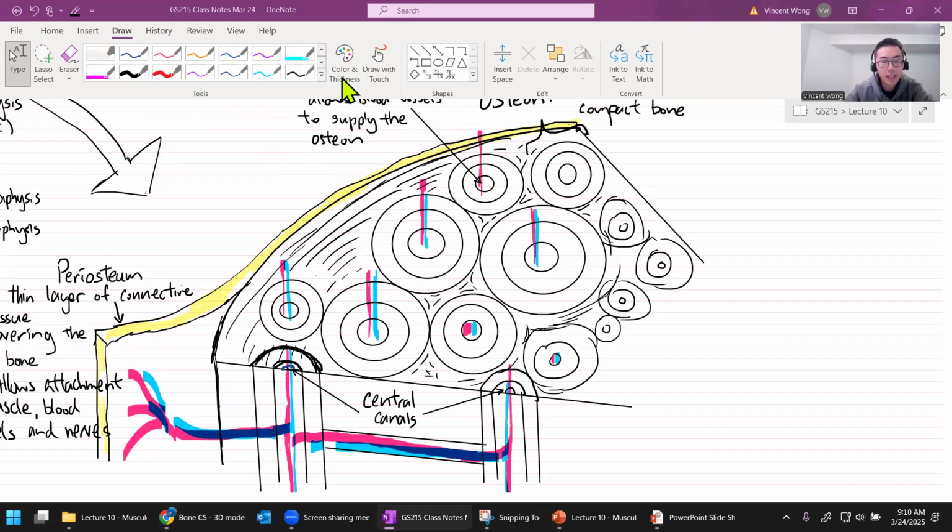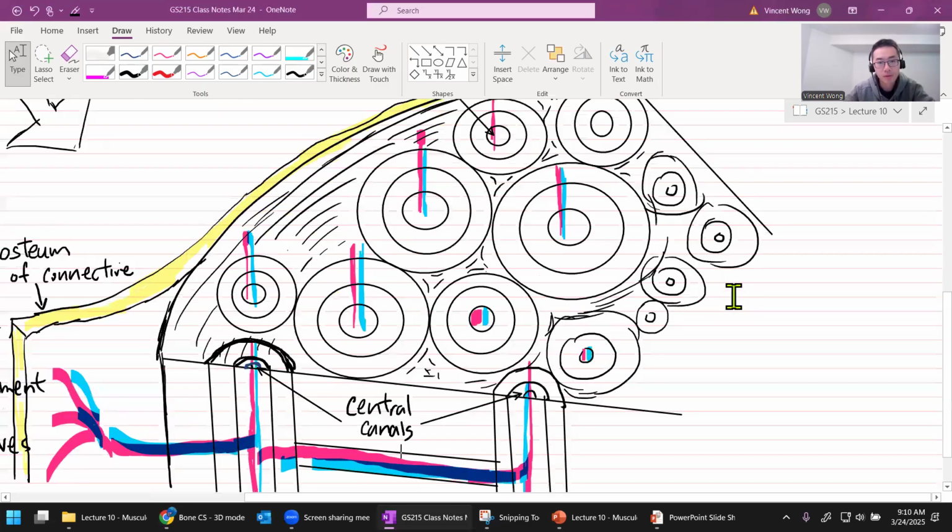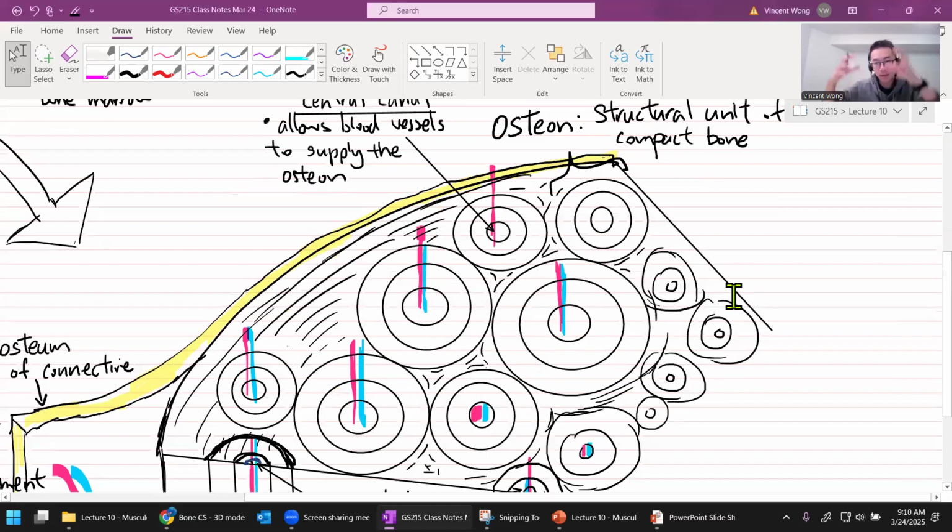Now we're gonna add more details to our osteon. Okay, so let's zoom in a little bit. Each osteon is its own unit, and it's supplied by the blood vessels in the central canal. And in the osteons, you would have these little pockets.